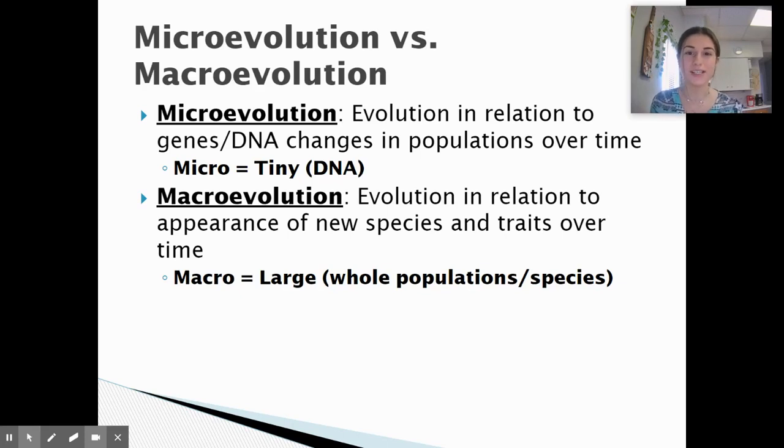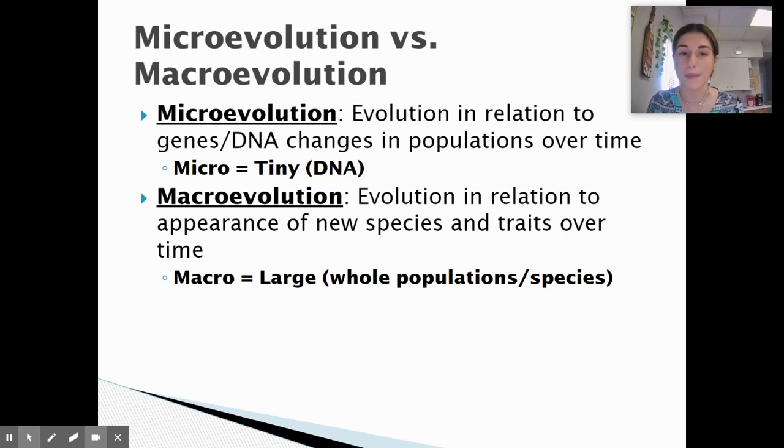First, microevolution is evolution in relation to genes or DNA in a population over time. The root word micro means tiny. That's why it's DNA, because as we know, DNA is very tiny.